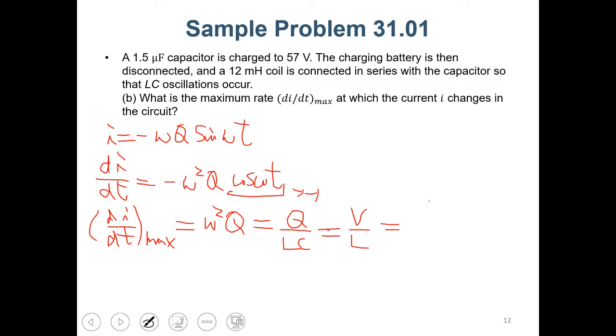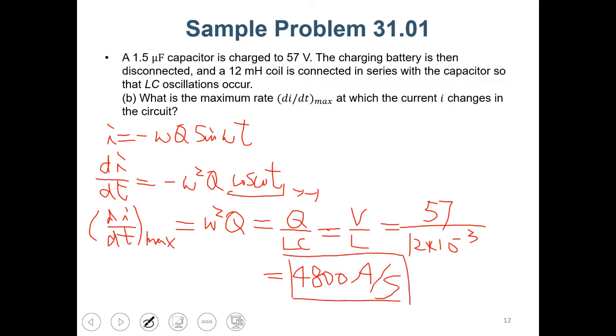So for the answer, we substitute the numbers. V is 57 volts, L is 12 millihenry. So the answer will be 4,800 A/s.